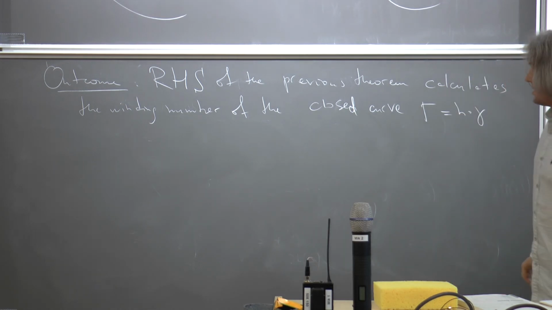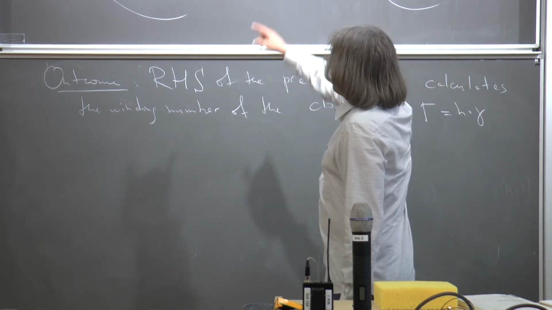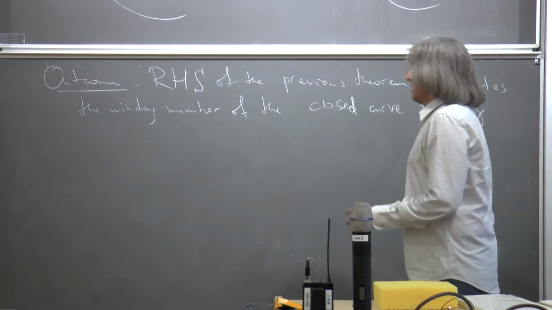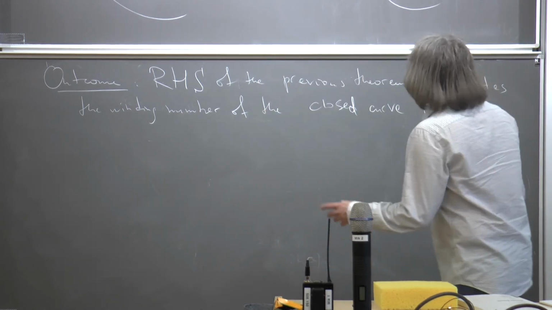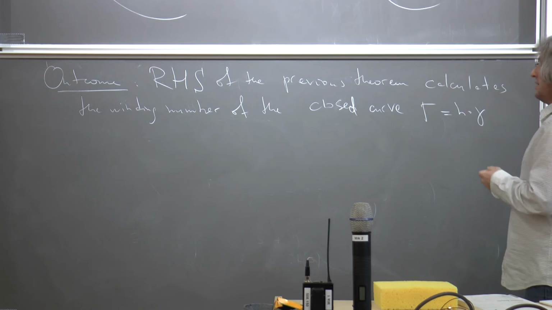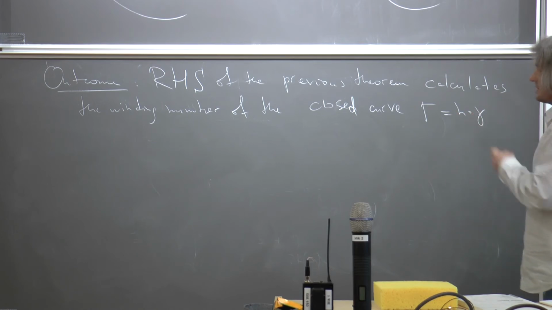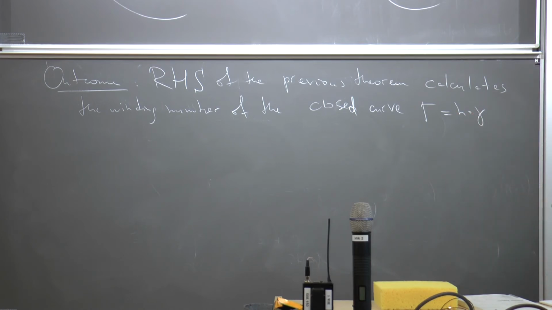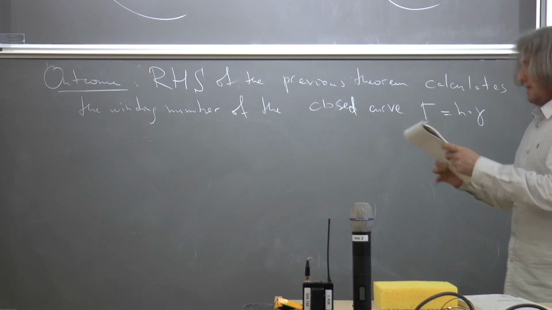So in other words, you can take a loop around some zeros and poles, and then apply a function, and you can express the winding number of the image of this loop as a sum of residues or of multiplicities of zeros and poles. Good. So we talk about this.